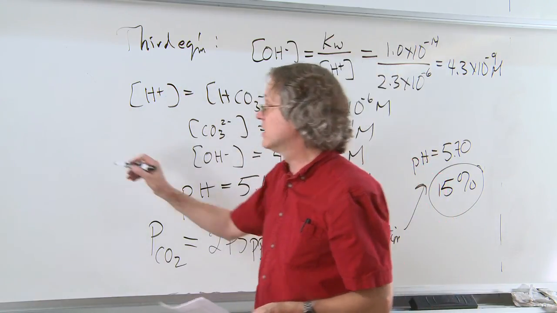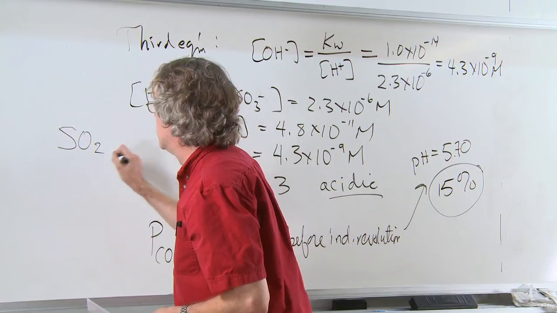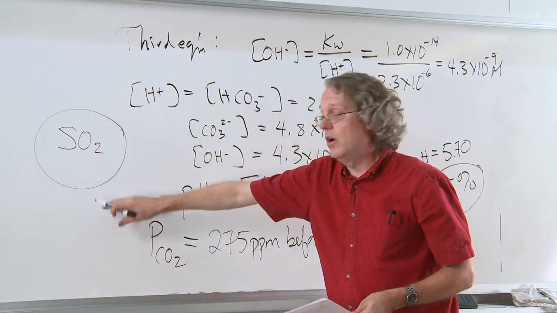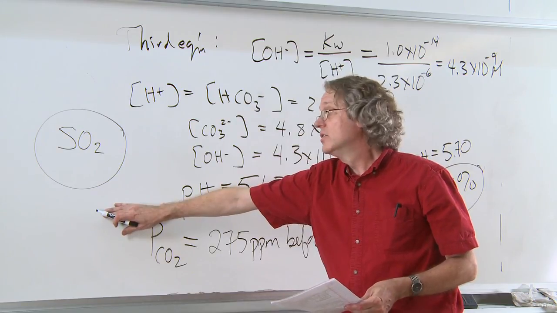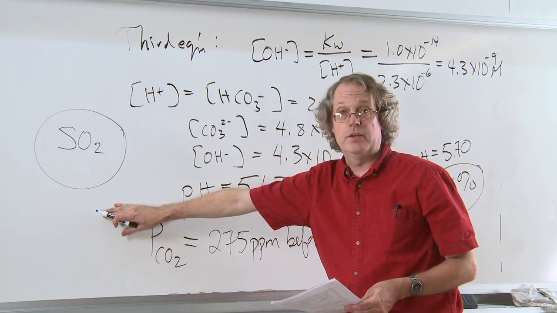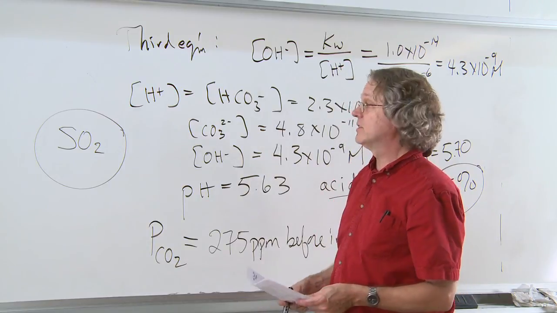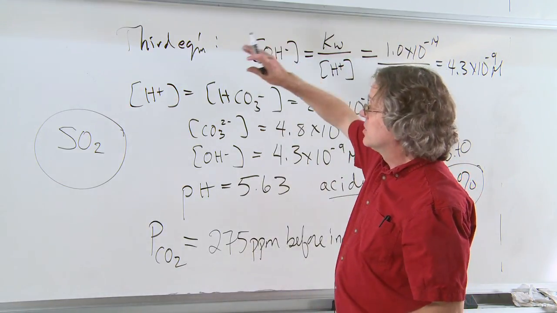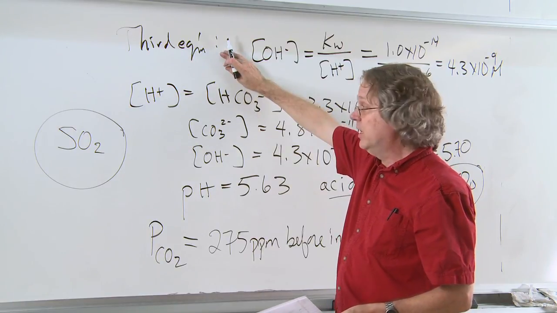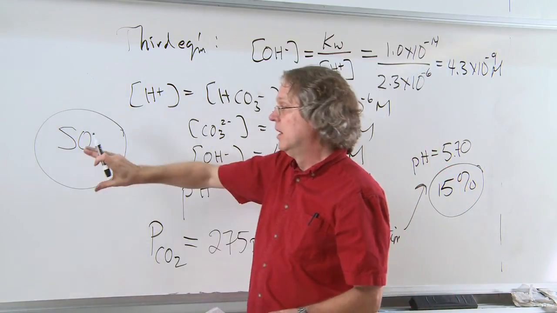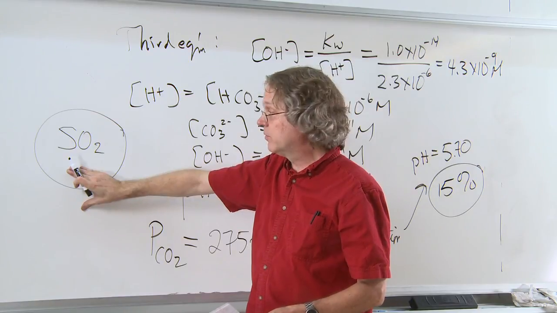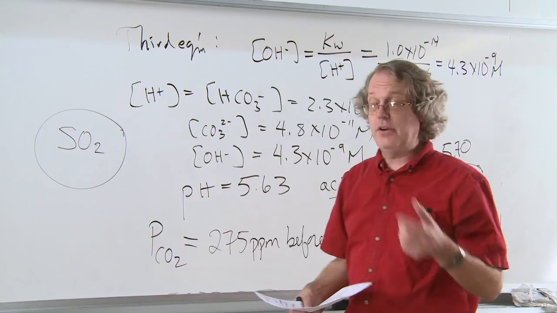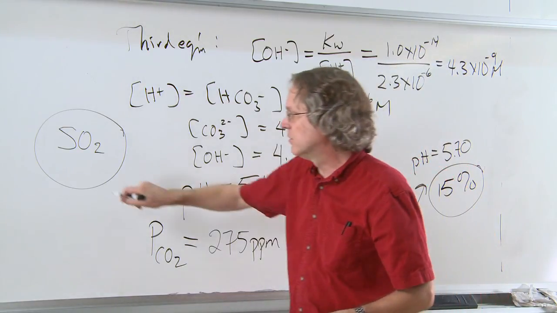Of course, there are things like SO2 that are emitted by coal-burning plants. SO2 can also dissolve in water to make sulfurous acid. And so if you want to understand the result of that for acid rain, you now have to do an even more complicated problem where you consider the dissociation of H2CO3 from the CO2 in the atmosphere, the dissociation of H2SO3 from the sulfur in the atmosphere, and that allows you to then calculate and understand the effects of acid rain.